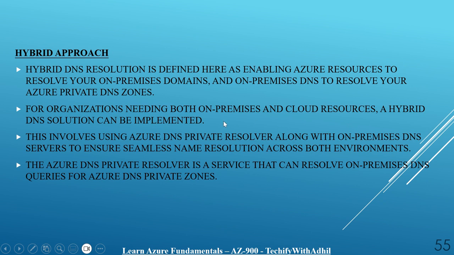We will go deep into what this private DNS resolver is and how it is used. For now, just make note that when you're using a hybrid approach, the Azure DNS Private Resolver is the key thing used for name resolution. Azure DNS Private Resolver is a service that can resolve on-premises DNS queries for Azure DNS private zones.